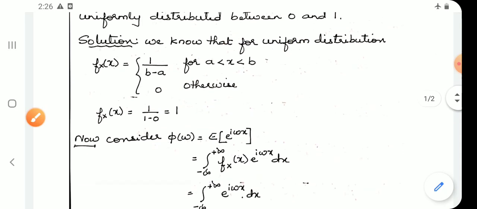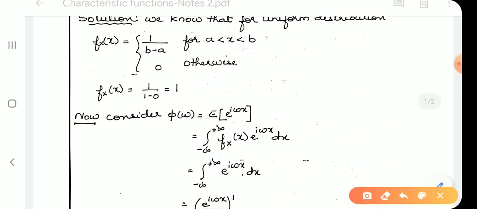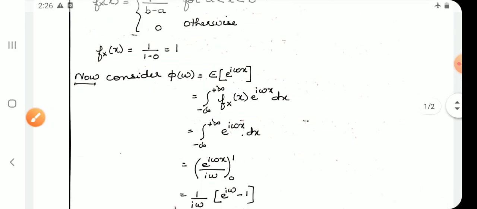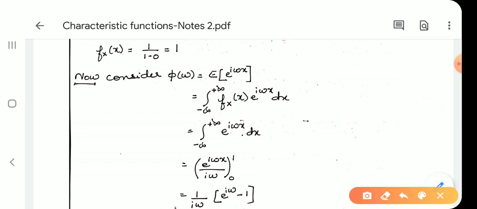Now consider the definition of the characteristic function, which is given by phi of omega is equal to expectation of e to the power I omega x, which can be written as integral minus infinity to plus infinity f x of x into e power I omega x dx.